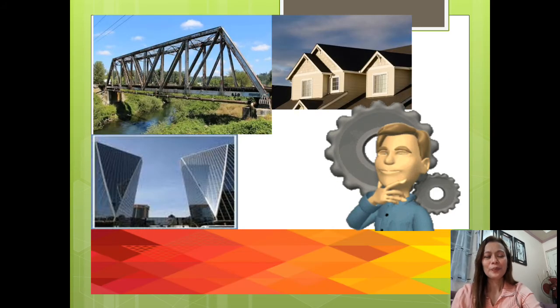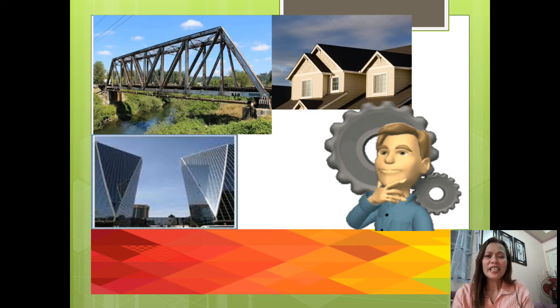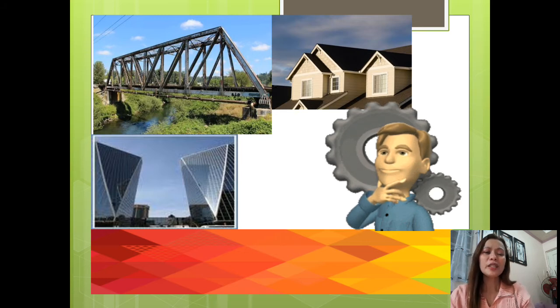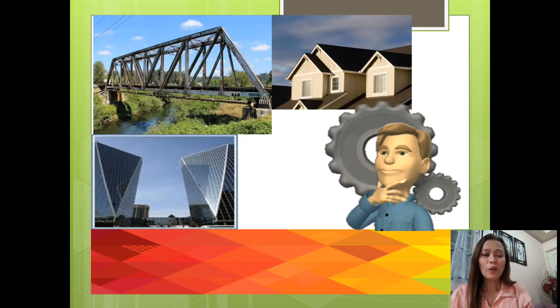Okay. So what have you noticed regarding the pictures? What can you say about the pictures? Why are big bridges and buildings stable? Have you ever wondered how bridges and buildings are designed? So what factors are being considered in the construction of buildings and bridges?